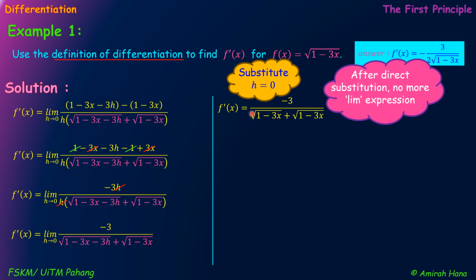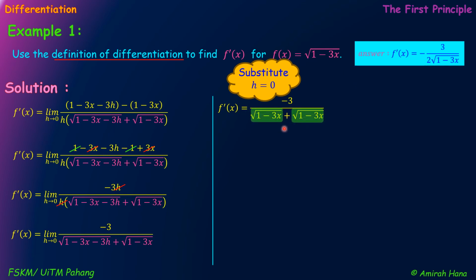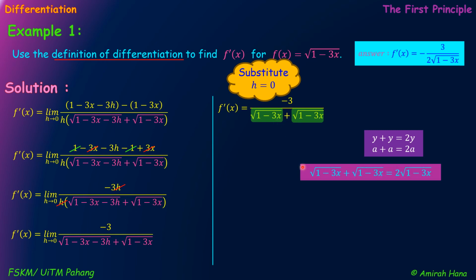After that, we need to simplify this. How to simplify this? From here, we have the same term. Let's say if we have y plus y, it equals 2y. If we have a plus a, it equals 2a. How about if we have square root of 1 minus 3x plus square root of 1 minus 3x?